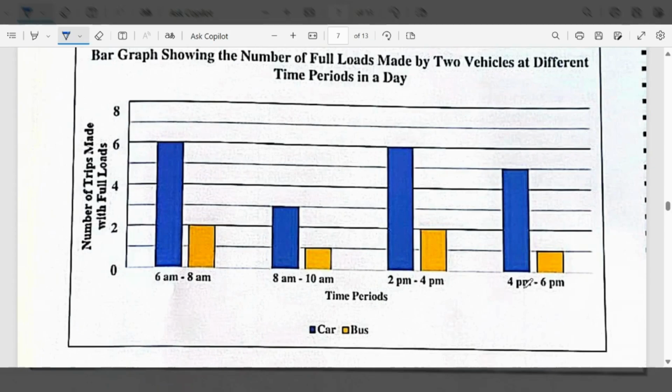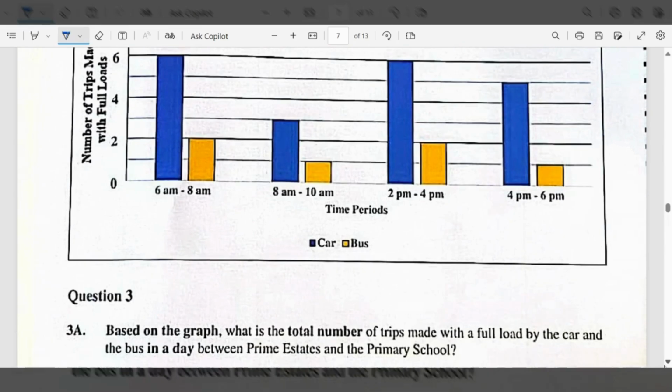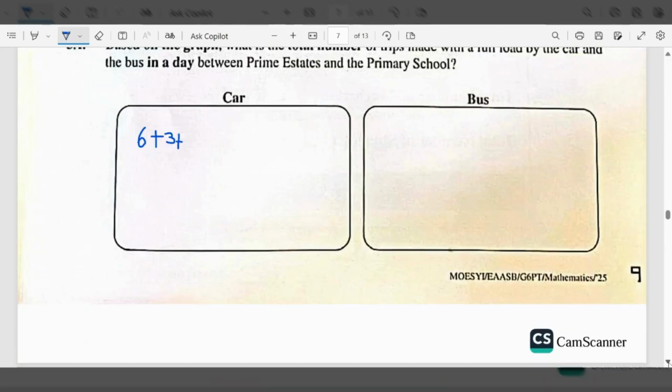And from 4 p.m. to 6 p.m., that's 5 full trips. So let's add another 6 and 5.